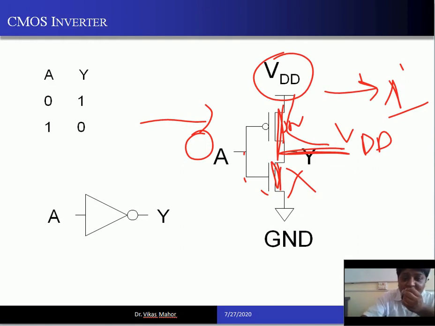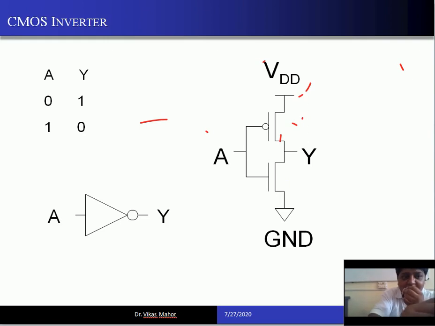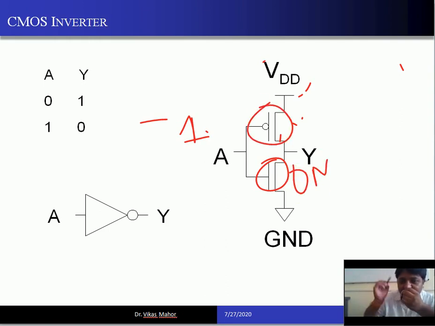Let's look at the opposite thing. When you apply a logic 1 here, what will happen? Your channel is formed beneath the silicon oxide of the NMOS, so your NMOS will become on. But there will be no channel formed in the PMOS, so your PMOS will become off.